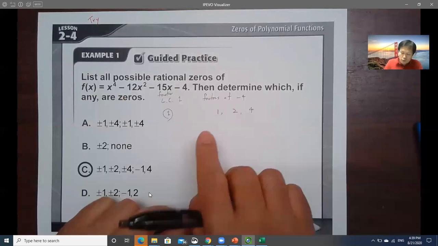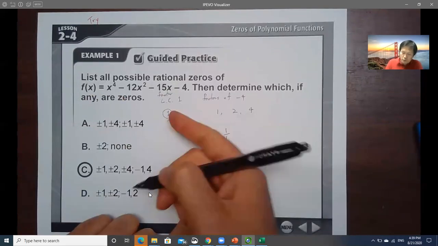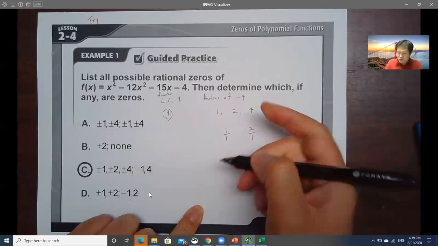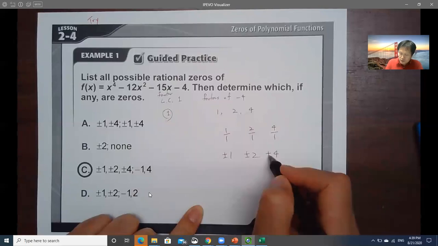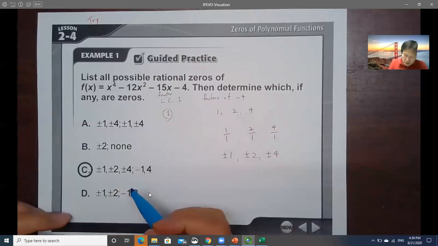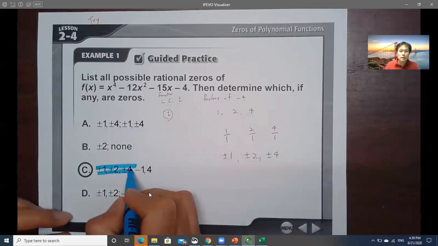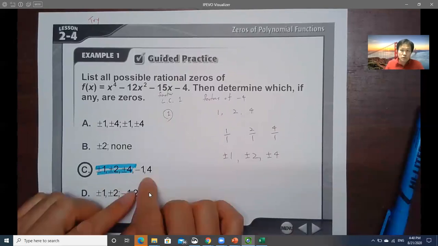So 1 over 1, 2 over 1, 4 over 1. Over 1 doesn't do much. 1, 2, 4, all plus minus. We got 6 possible rational zeros.